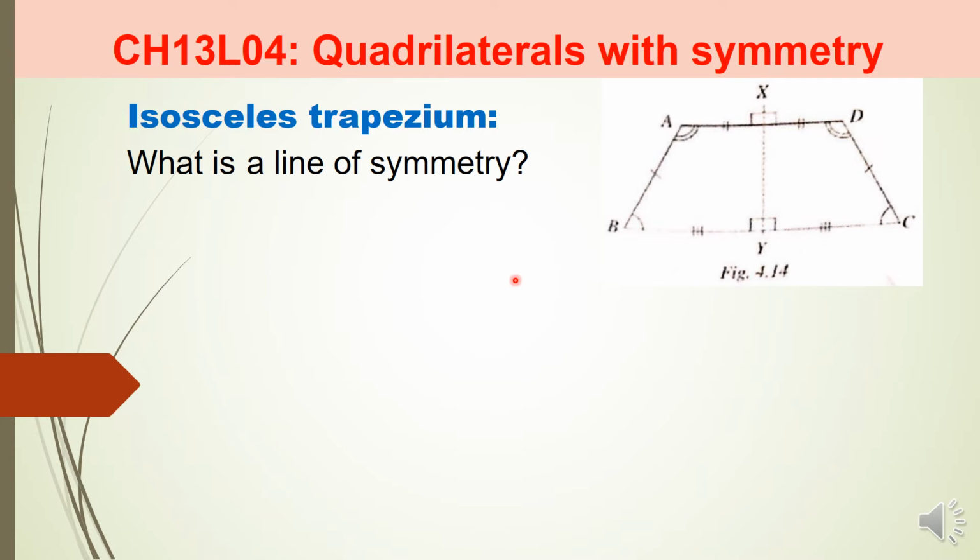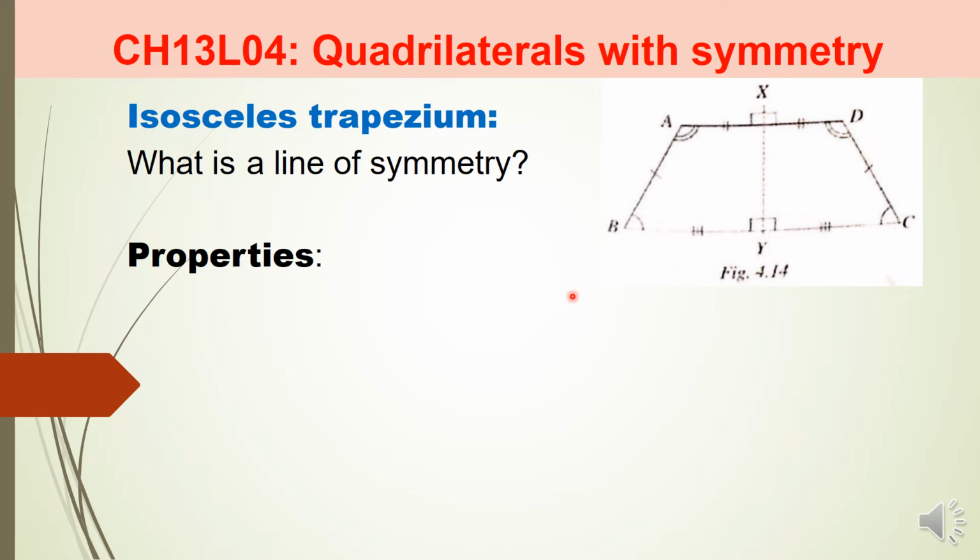The line of symmetry is HY, because the sides are equal. We say HY is a line of symmetry because the line is perpendicular to line AD and perpendicular to line BC.